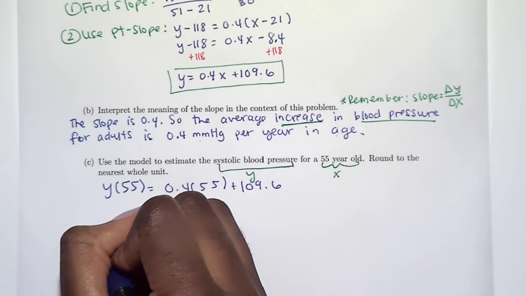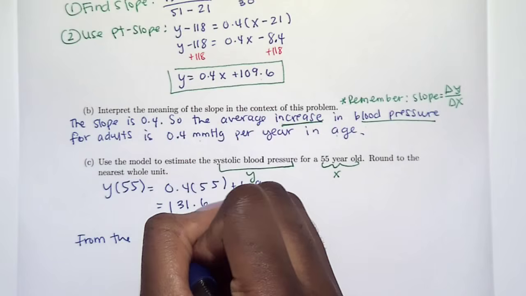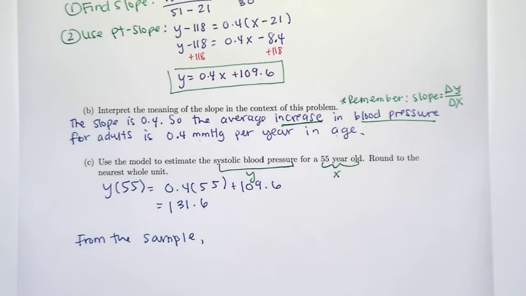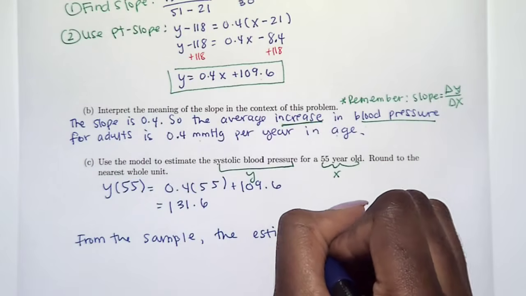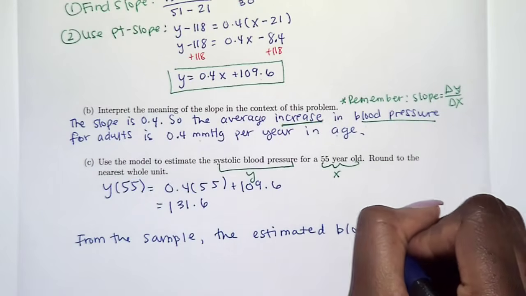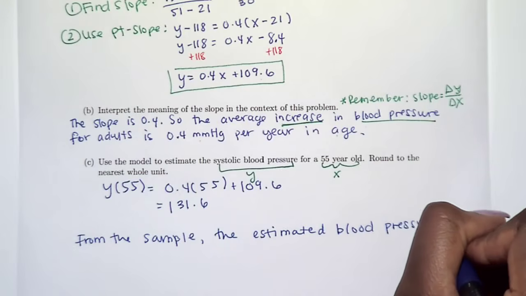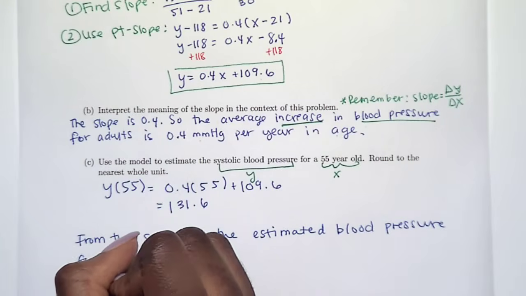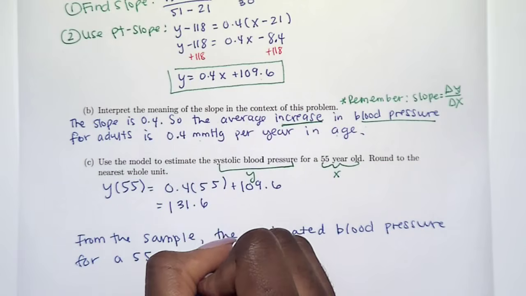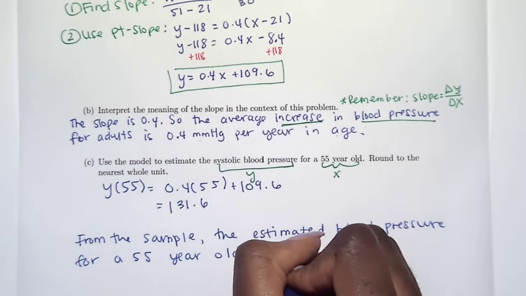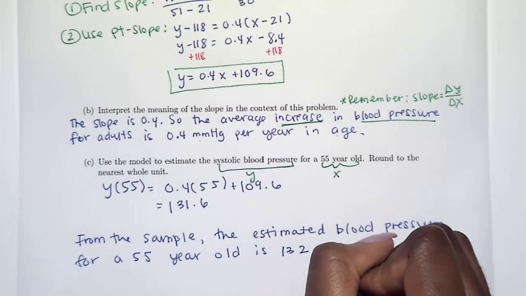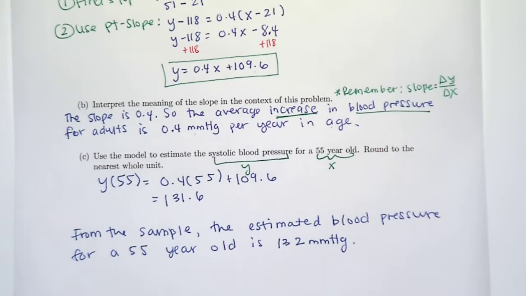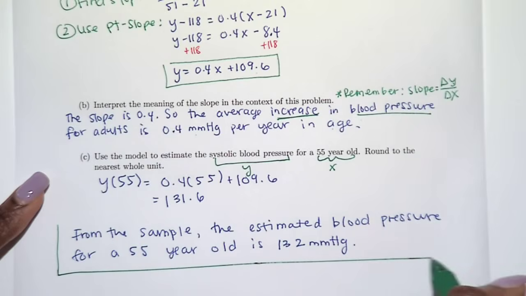So maybe we can say from the sample in our chart, which is where these numbers came from, the estimated blood pressure for a 55-year-old is, we're going to round to the nearest whole number, so 132 blood pressure units. I'm pretty sure it's like, I don't know, I don't want to guess and be wrong.